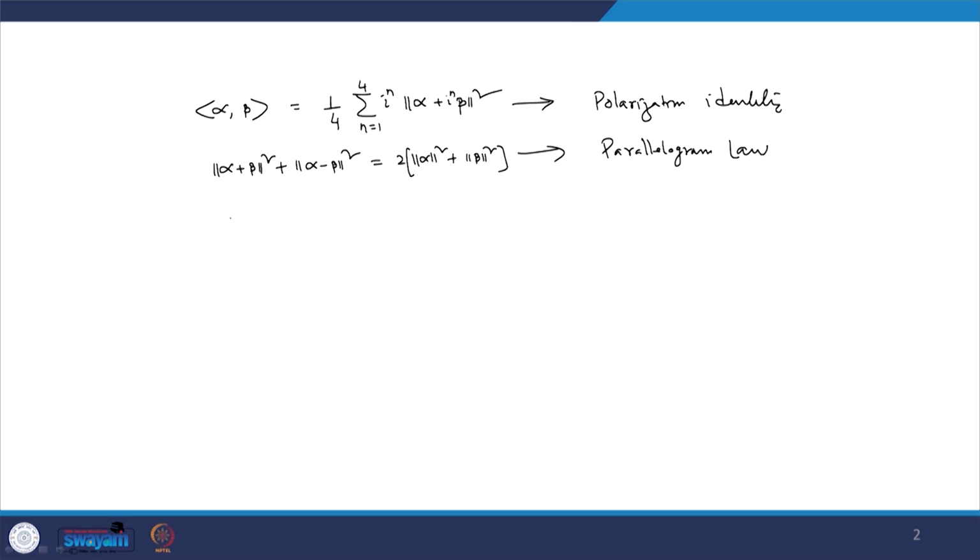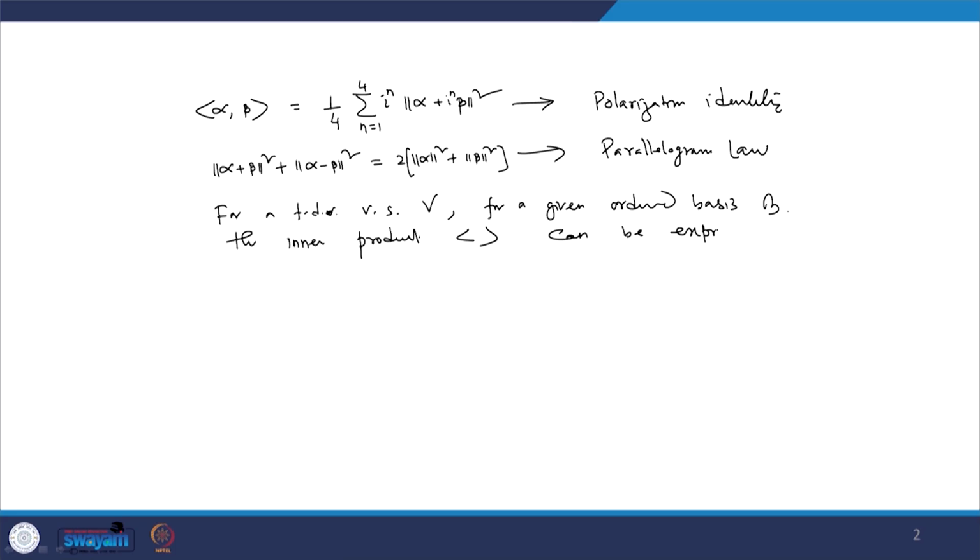Another interesting thing we have also seen is that for a finite dimensional vector space V, for a given ordered basis B, the inner product can be expressed by an invertible Hermitian matrix which is also positive definite.